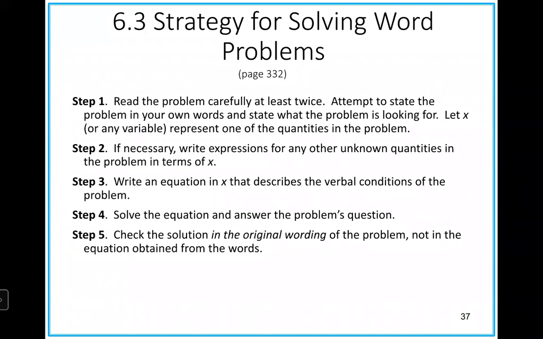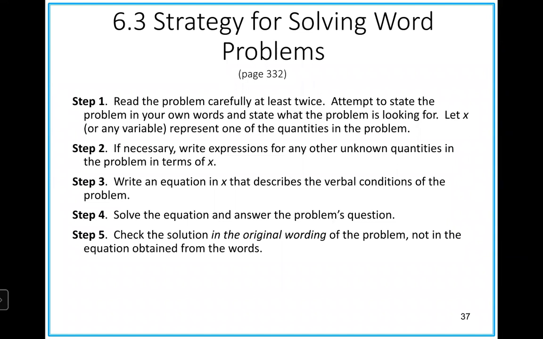section 6.3. Now in section 6.3, we are continuing to look at algebra using equations to solve word problems. And they give you a 5-step process. The first step is to read at least twice.